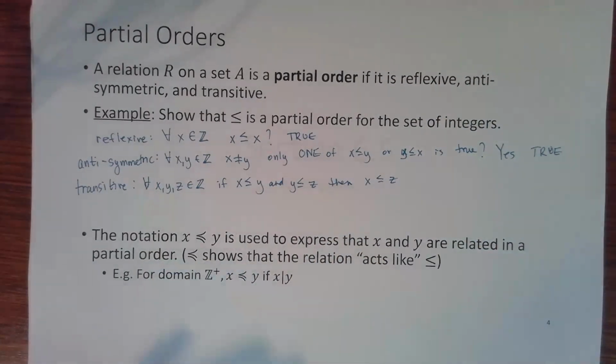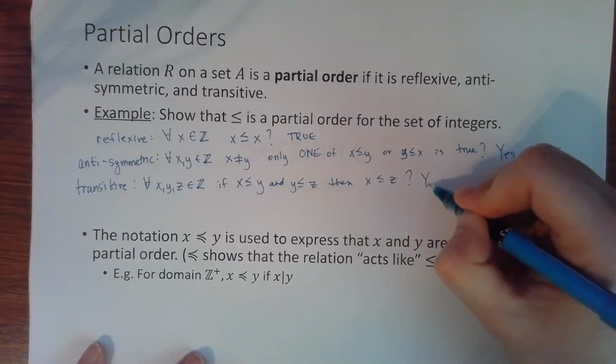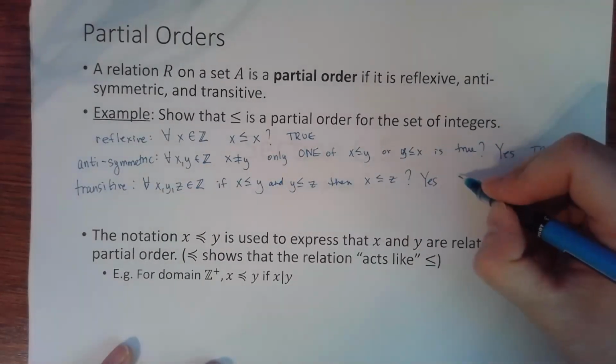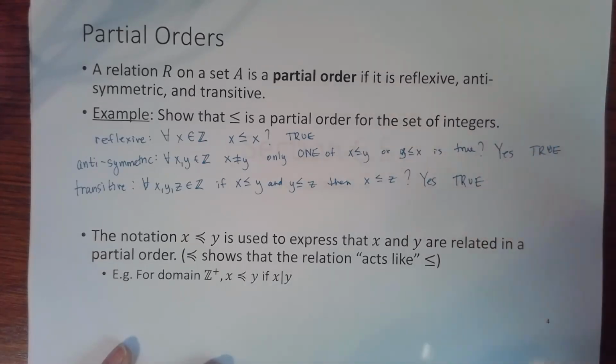Okay, and yes, this is absolutely true. That's a property of integers, and so it is also transitive. So that's the classic, very typical example: when you want to think about what a partial order is, you think, oh, it's like the less than or equal to relationship.